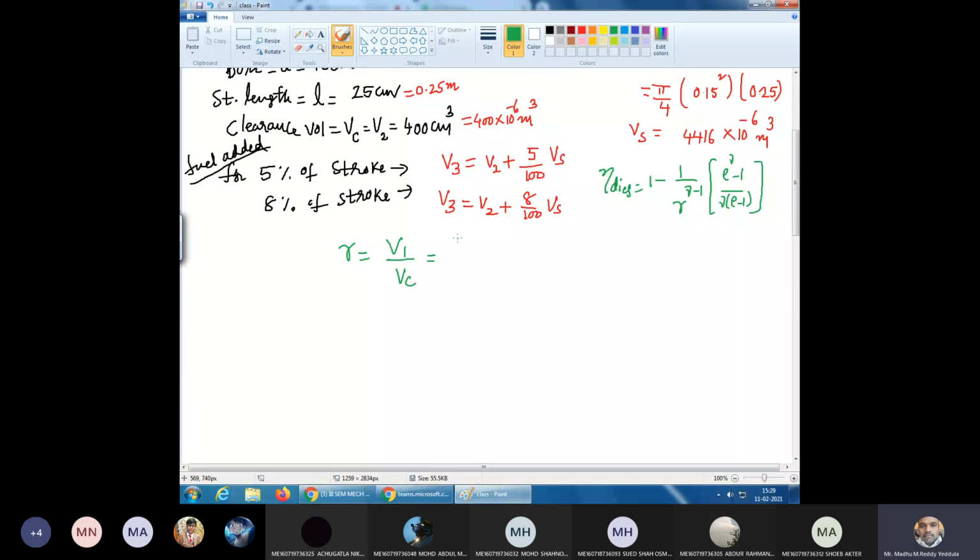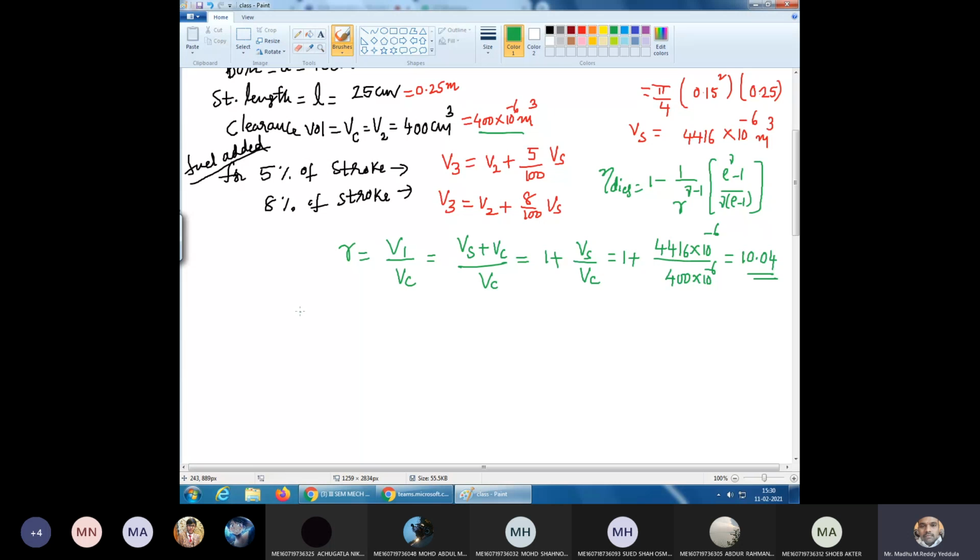V1 I can write as swept volume plus clearance volume, divided by Vc. So that is equal to 1 plus Vs by Vc, which is 1 plus 4416 into 10 power minus 6 divided by clearance volume 400 into 10 power minus 6. If you simplify, you will get around 10.04. So this is the compression ratio.